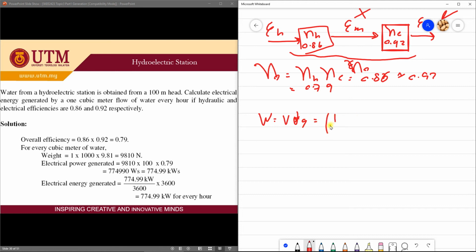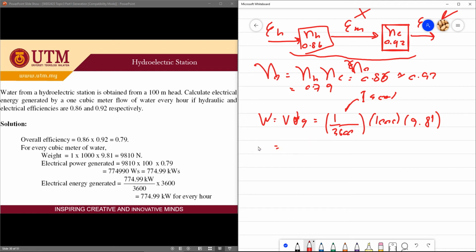So the volume is 1 divided by 3600, this is in second, the volume in 1 second, and then multiply by the density of water, 1000 kilogram per meter cube, and 9.81, the gravitational acceleration.